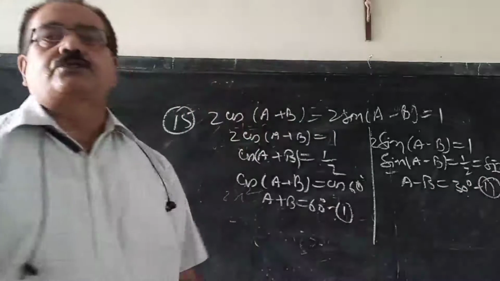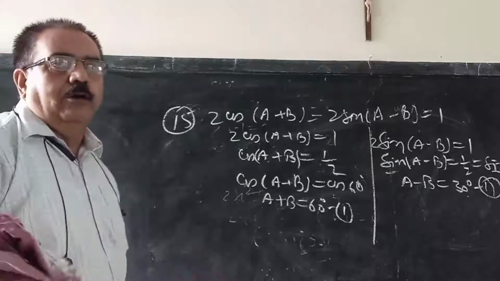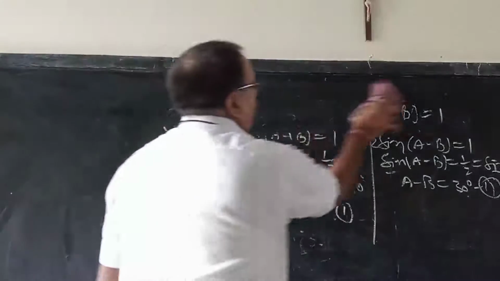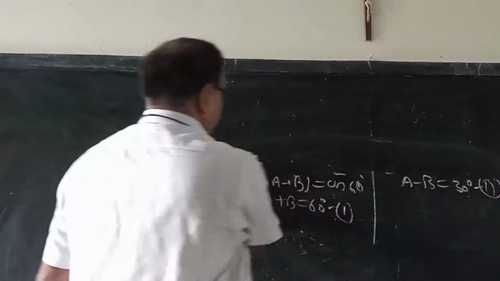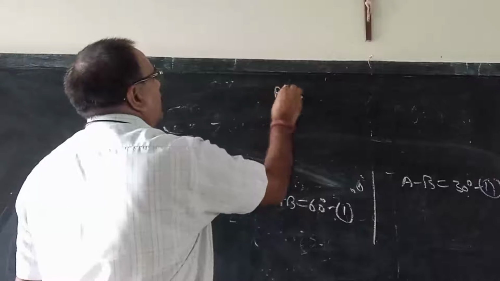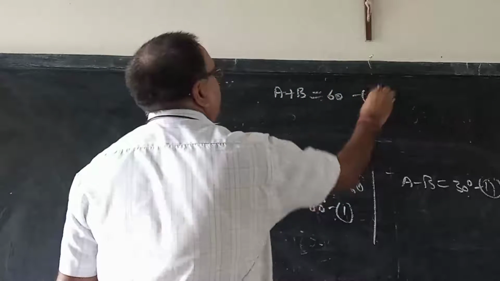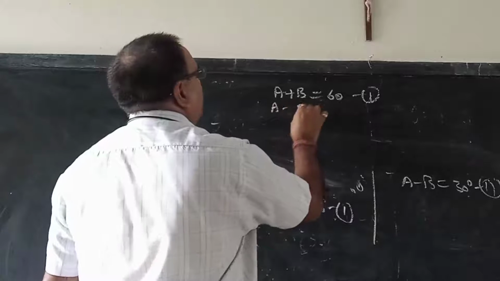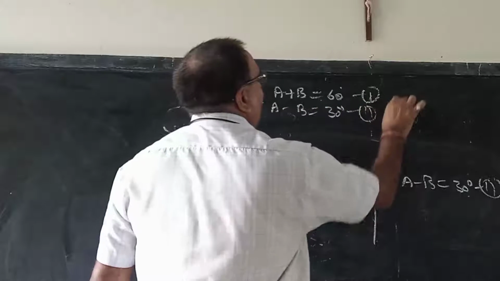Now from these two equations we will solve and get the values of a and b. a + b = 60° is the first, and a − b = 30° is the second.